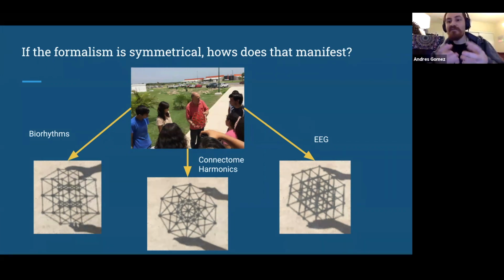Ultimately, the mathematical formalism that corresponds to consciousness is not observable directly, at least not right now. So we have to rely on these projections, these interpretations, these ways of getting at this unobservable underlying state. EEG, connectome harmonics, and biorhythms are different ways of getting at it. And I'll show you, at least empirically, that it's all so far consistent with the symmetry theory of valence.